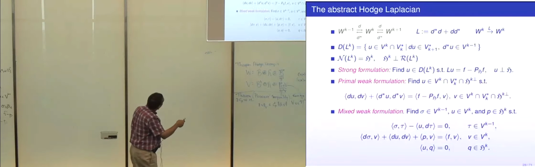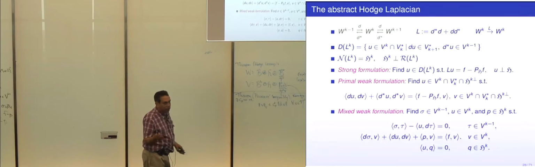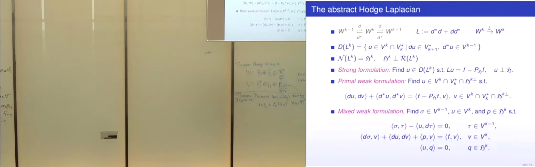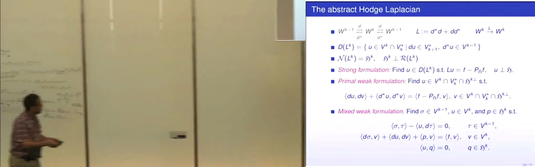So for the zero form Laplacian, there's no sigma and there's no tau. Those are the zero spaces. The only term that's left is du dv equals f v. And in the primal formulation, there's no d star u and d star v, so it's du dv equals fv. So for zero forms, there's nothing new in all this mixed formulation. It's just the usual thing.